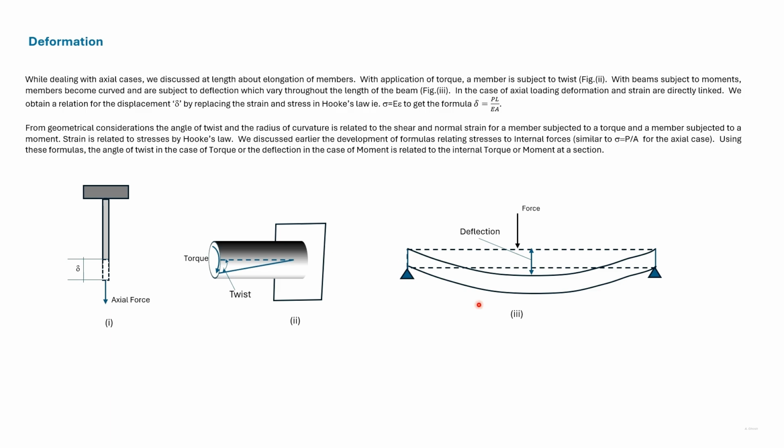Strains in both these cases are related to stress by Hooke's law, and the stresses are related to internal forces. Hence, just like the relation delta is equal to PL by EA, we get formulas which give the twist in circular bars subjected to torque and deflection in beams. However, determination of these formulas is more involved compared with the axial case.